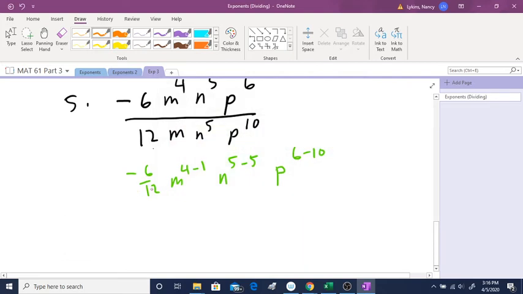Now the negative 6 over 12 is negative 1/2. 4 minus 1 for my m is m cubed. My n's right here cancel each other out because n to the 0 is always 1. So we don't need that anymore. The n does cancel away. It turns into a 1. And now look at this, p to the negative 4.